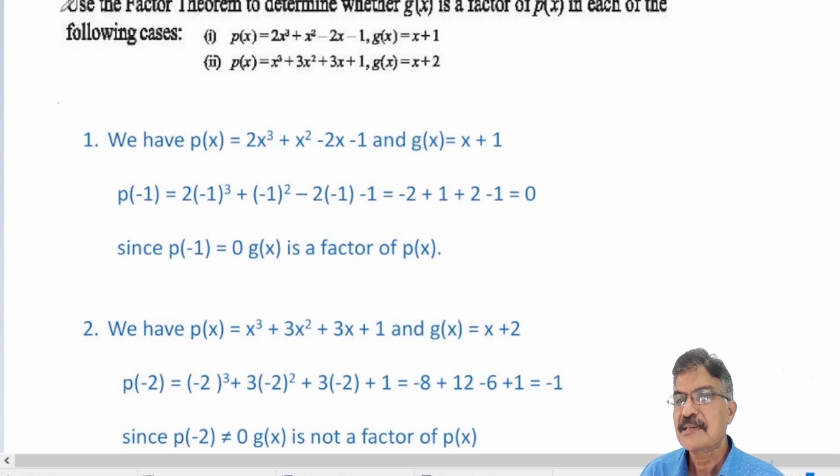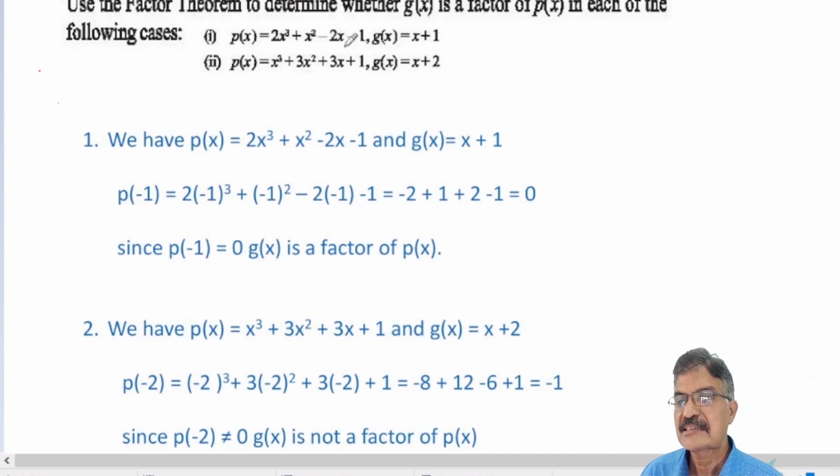Next problem. Use the factor theorem to determine whether g(x) is a factor of p(x). First question, g(x) is x plus 1 and p(x) is 2x cube plus x square minus 2x minus 1. We have to check whether g(x) is a factor of p(x). If g(x) is a factor of p(x), then for the 0 of g(x), p(minus 1) should be 0.